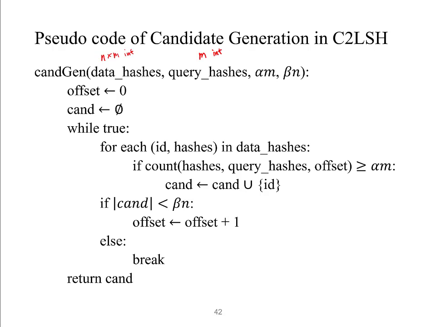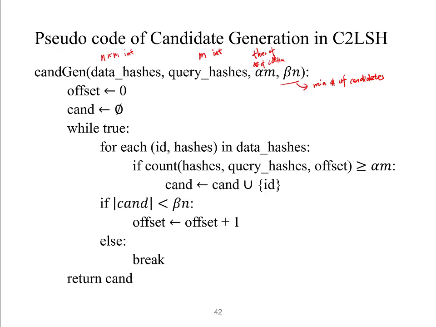Alpha m, we have mentioned it quite a lot of times. It's actually the threshold of the number of collisions. And beta n is the minimum number of candidates. Here we use beta n because this is from the original paper.